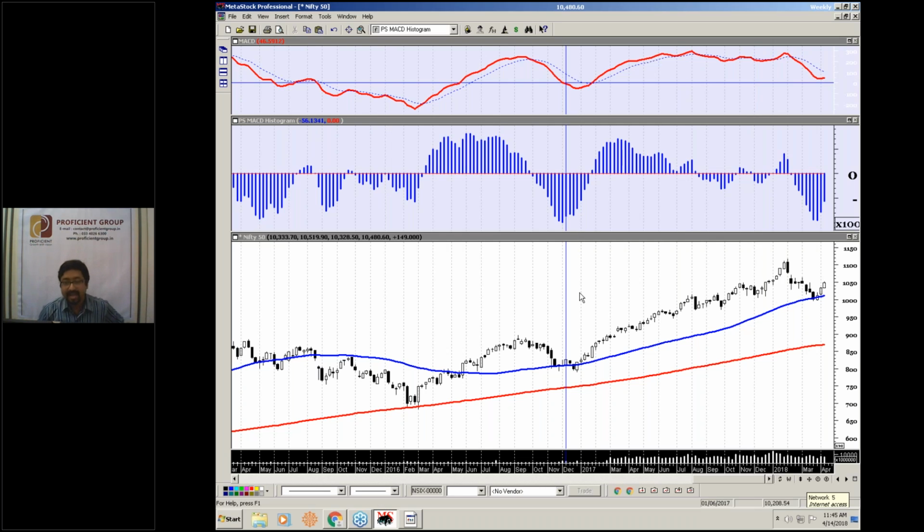Look at the point where I have drawn my vertical line, the red vertical line. It shows the point where MACD histogram was tracing a very low value. It was about December 2016. On the weekly chart, MACD histogram was tracing a very low value, and then it started ascending from there.